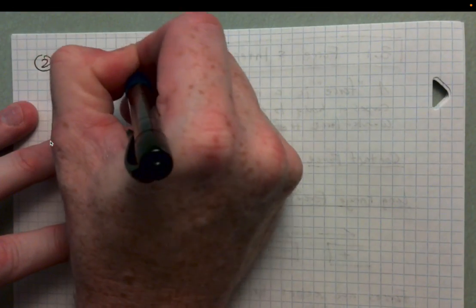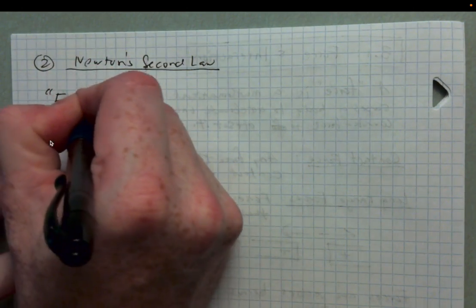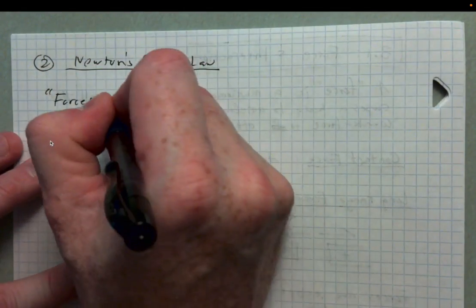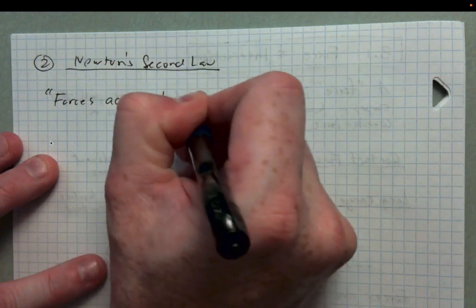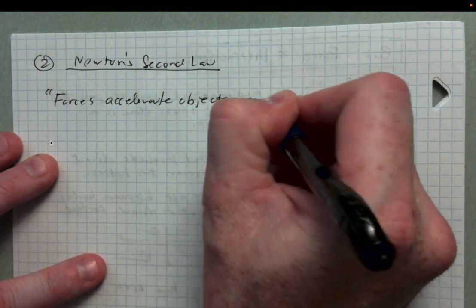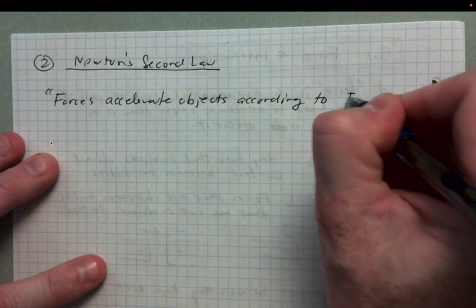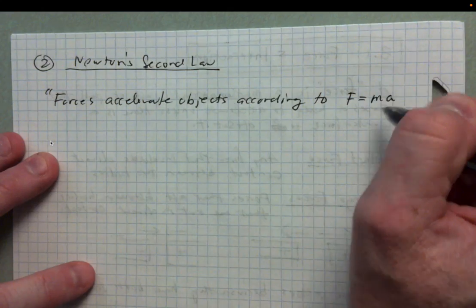Newton's second law can be stated as: forces accelerate objects. Frequently you'll just see people write F equals ma.